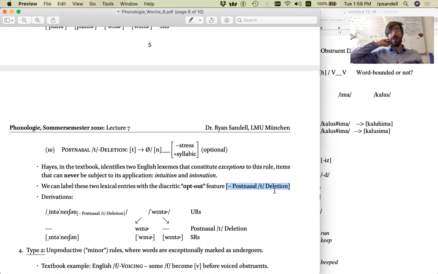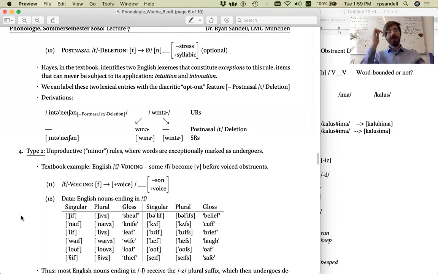So in the information about these words in the lexicon, part of that information is saying these two words, intuition and intonation, cannot undergo postnasal T deletion. So here we take intonation, and we see that the option of postnasal T deletion is not there at all, in contrast to the word winter, where it can be realized as either winter or winner.